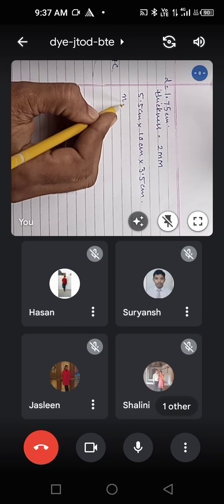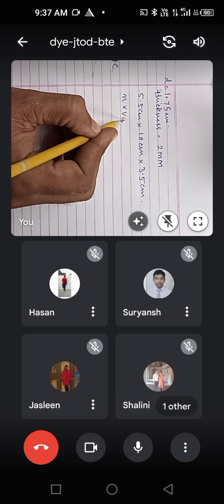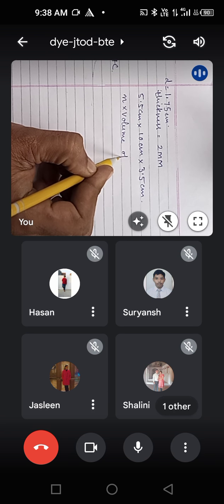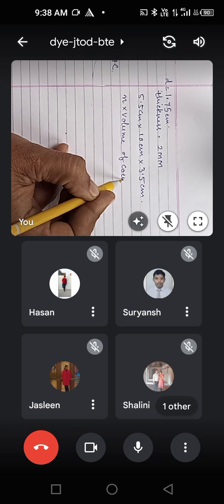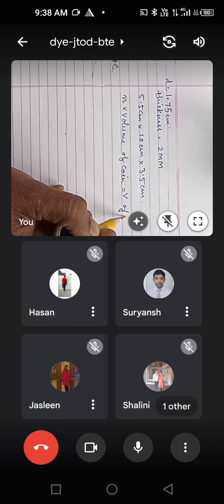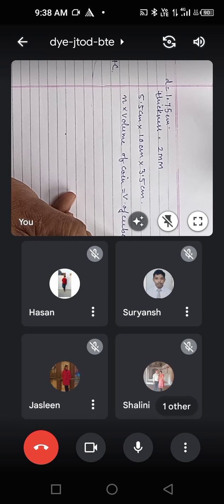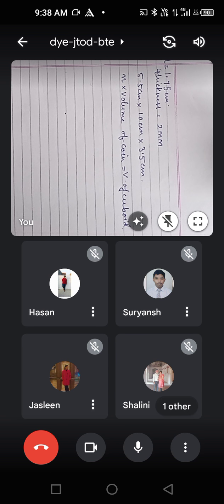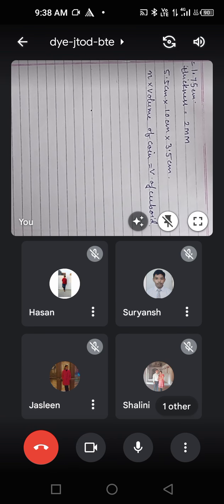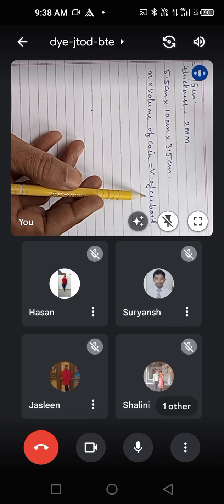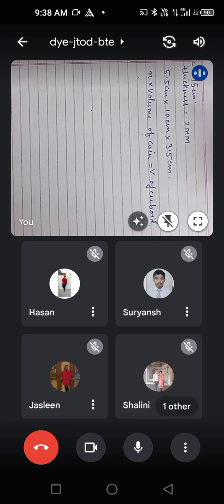Therefore, n into volume of coin is equal to volume of cuboid. Is it okay? N into volume of coin is equal to volume of cuboid. This point is clear?